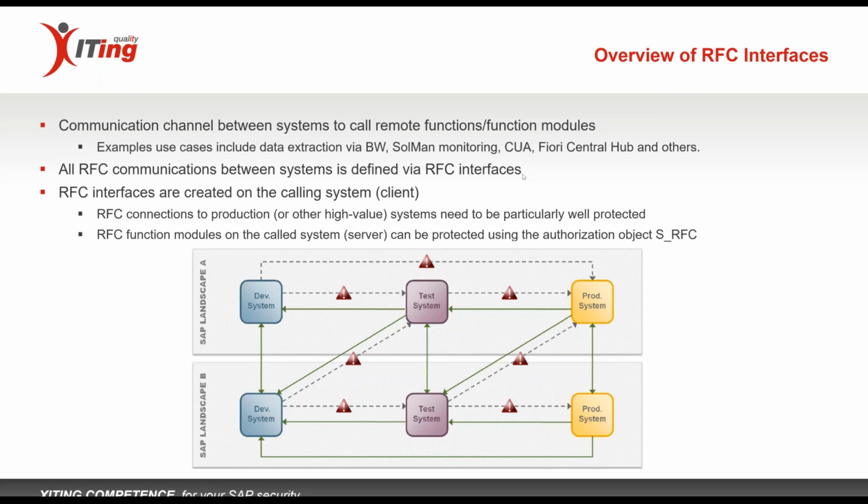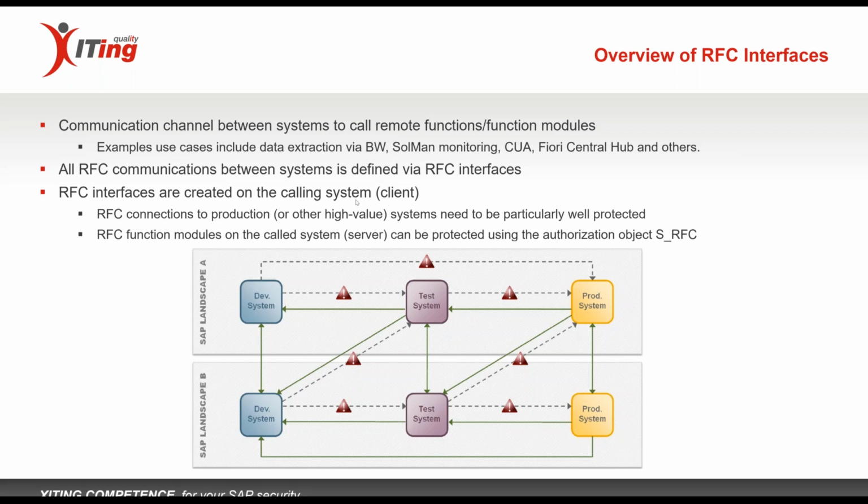And very important here is this architecture. The RFC destinations or RFC interfaces, they are created in the client system or in the calling system. We also like to call it client. So we always have two sides in this RFC combination. We have a calling system and we have a called system. So it's very important to know where you need to analyze which data.